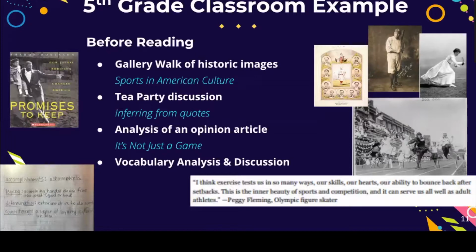In that article, they had to determine what the author's opinion was about sports in America. But really, all of these things were building their background knowledge and connecting to what they already know about sports in America. They're pretty familiar with it, but then they built it into a historical context as well.